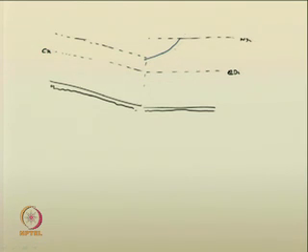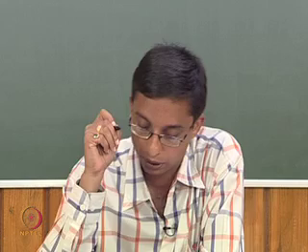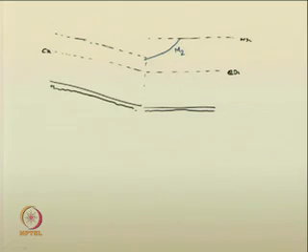Then this will be an M2 curve in channel 2, but the question is whether this is theoretically possible or not. Another situation, this is the critical depth line.